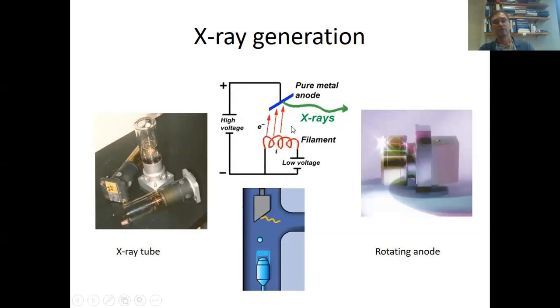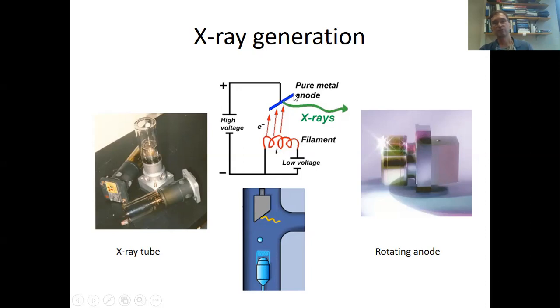All right, so now these ejected electrons are accelerated in a second circuit, which contains a high voltage. Okay? And this voltage is typically in the order of tens of kilovolts. So 40 kilovolts is a typical number. So these highly accelerated electrons then hit an anode material.